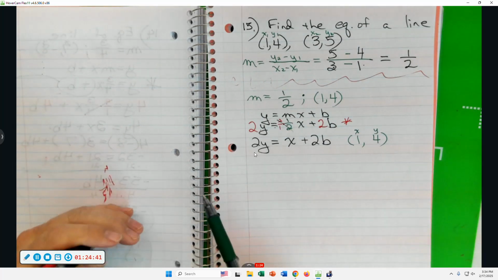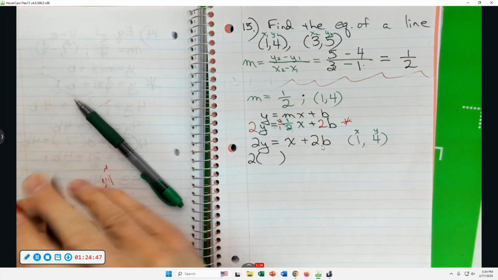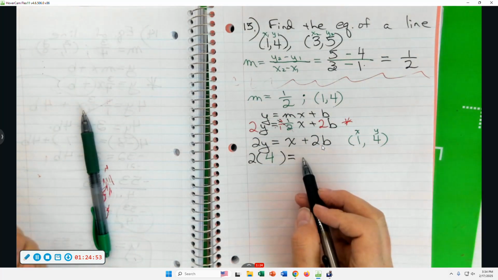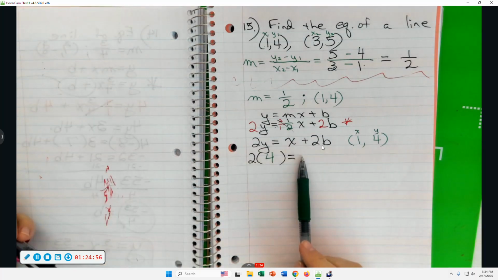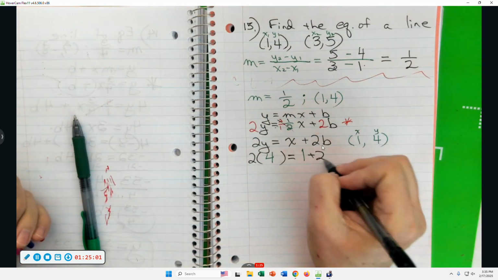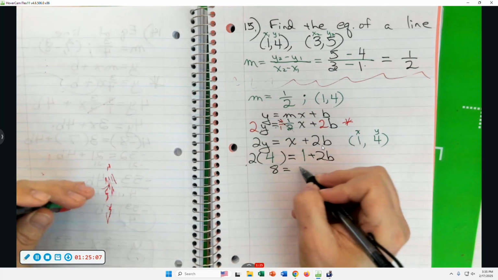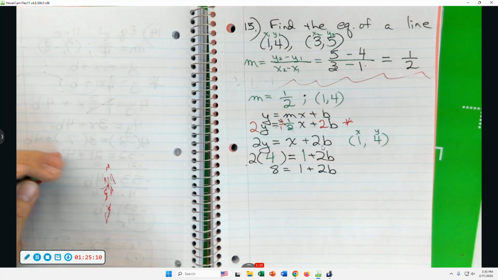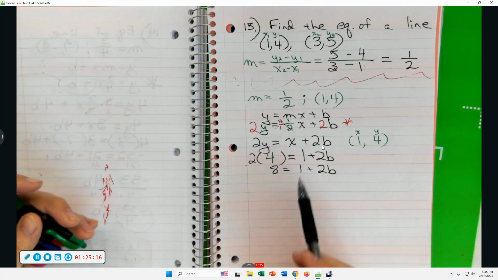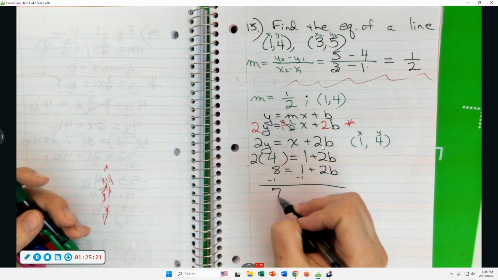See, it's just so much easier plugging it in without fractions. 2, replace the y with 4, equals 1, the x value, plus 2b. 2 times 4 is 8, so we have 8 equals 1 plus 2b. Minus 1, that gives us 7 equals 2b.